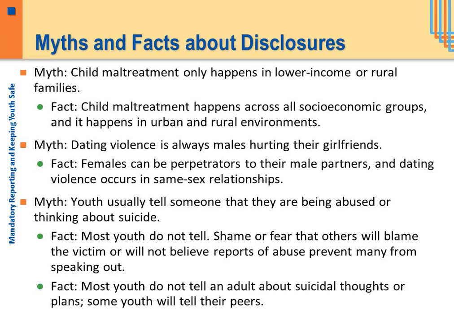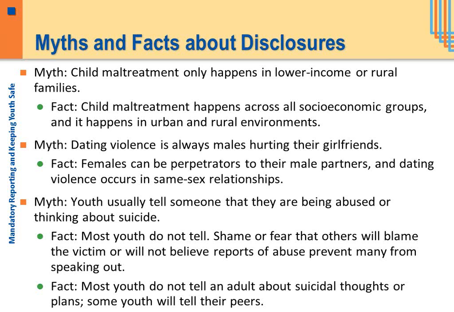Myth: youth usually tell someone that they are being abused or thinking about suicide. Unfortunately, the fact is that most youth do not tell. Shame or fear that others will blame them, that they won't believe their reports. Other issues may be worry about where they would live or what would happen to their family.